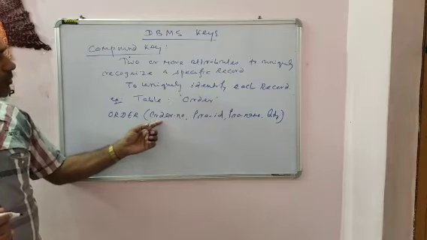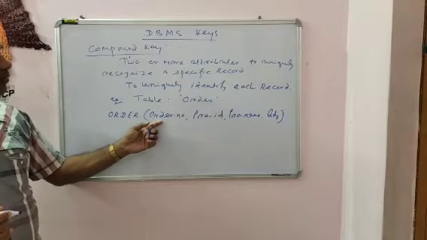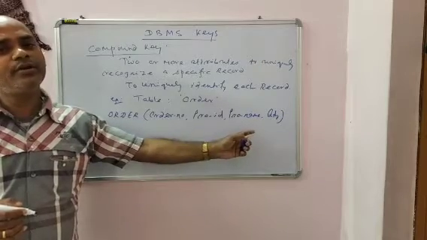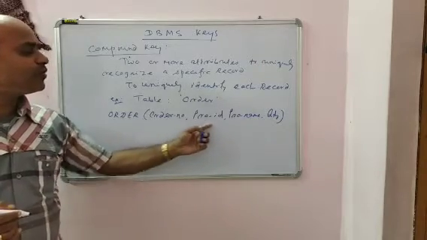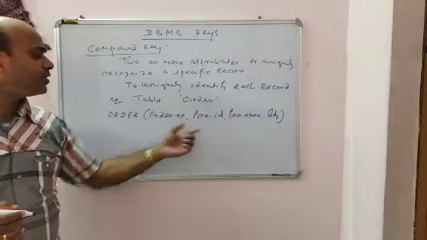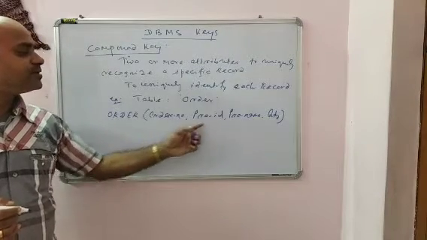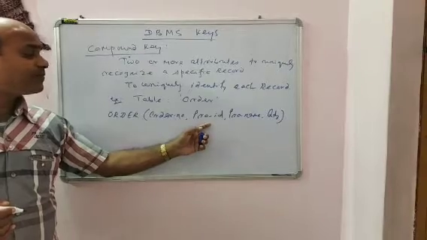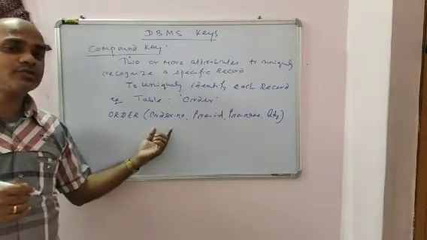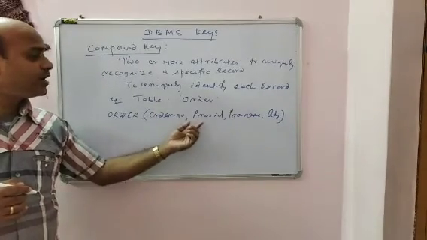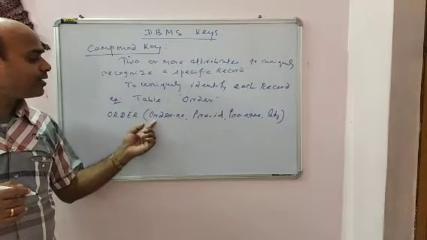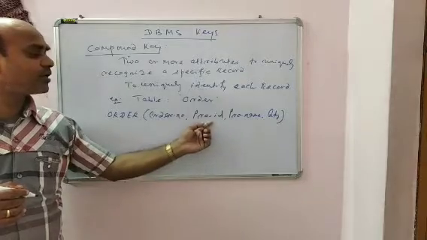Order number may not be unique because the same order number can be used for more than one product. There may be more than one product in a single order, and a single product can be ordered by several customers. So a product ID can have more than one order number, and an order number can have more than one product ID.